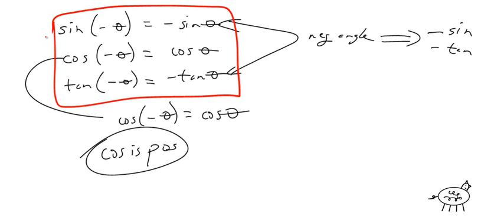All right. So let's use some of this information now that we talk about Pythagorean identities, negative angle identities, and reciprocal identities with secant, cosecant, and cotangent.